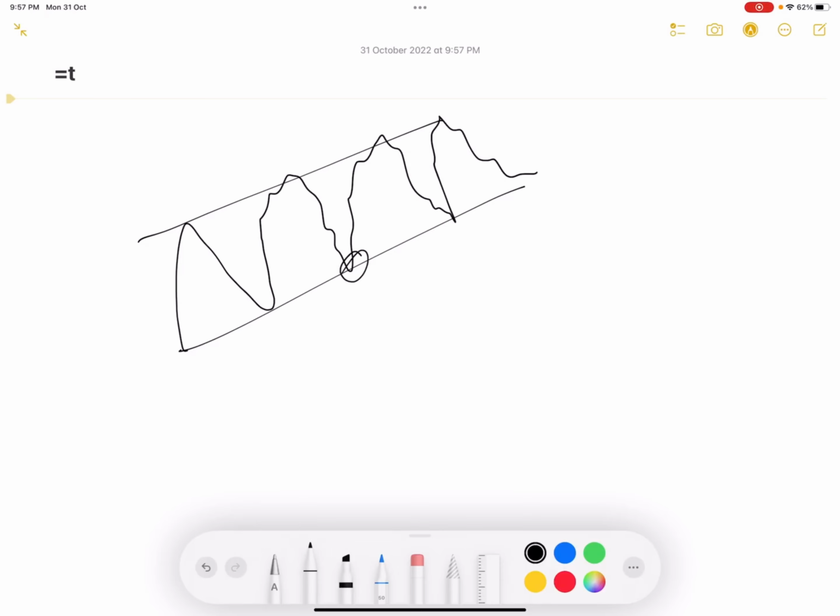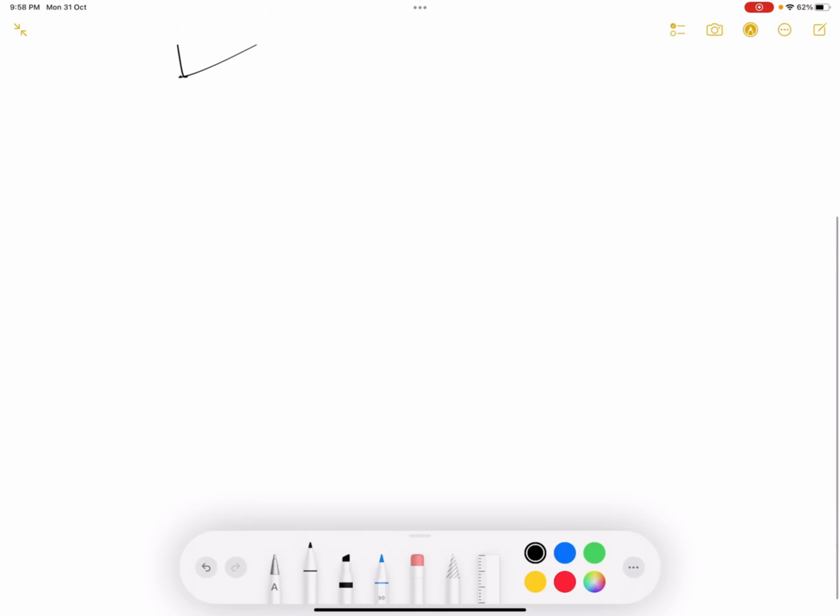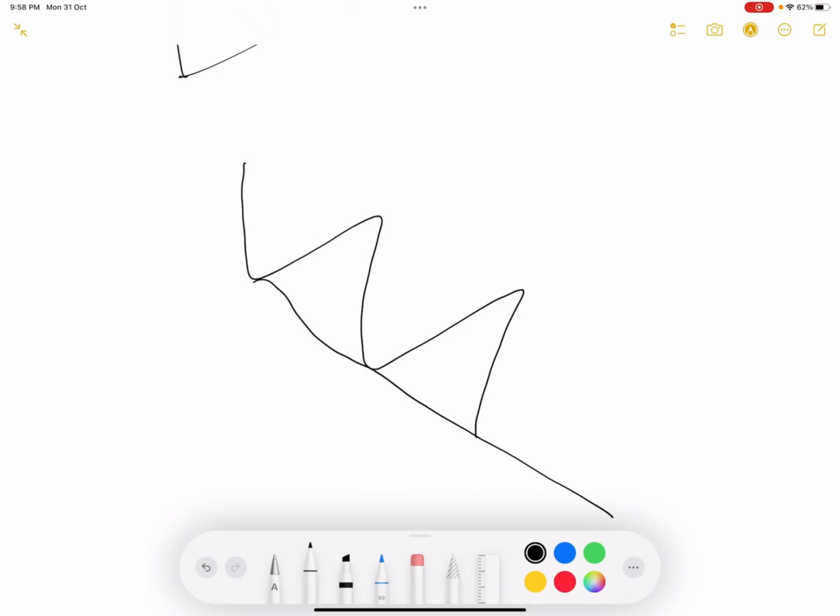So where do we trade? Here, here, here, here, right? Wherever we can find a market like this, we join these two points, draw a line, and we wait for the market to come here. We trade here towards the upside.